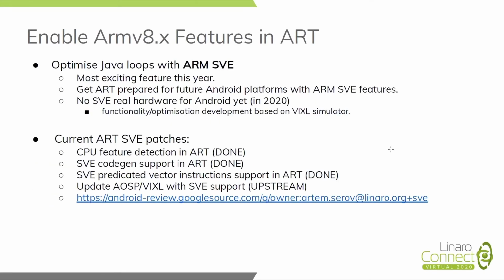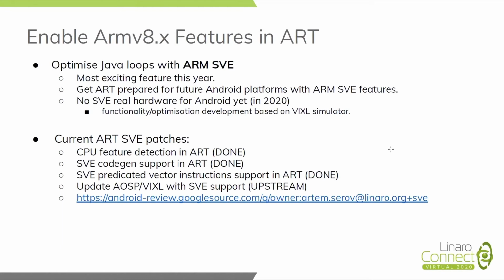So let me talk about the most exciting features that we are working on right now. Currently we are trying to introduce the SVE instruction in ART. We're trying to teach the ART auto-vectorization phase in the compiler to recognize Java loops and auto-vectorize them with the SVE instructions.